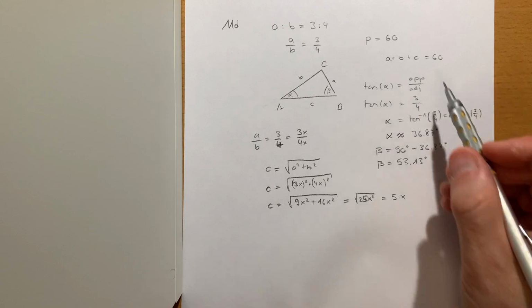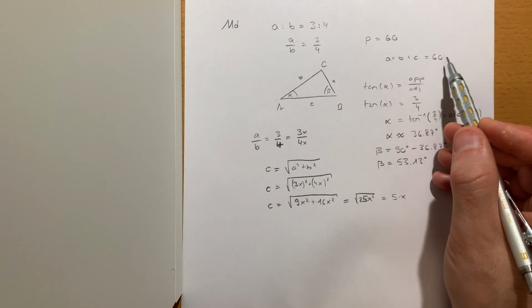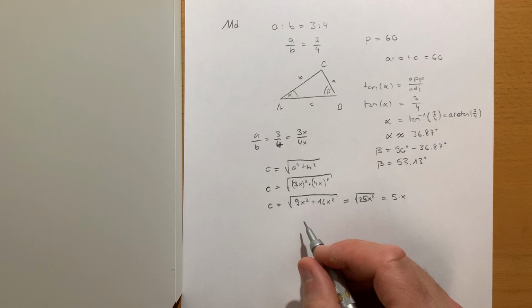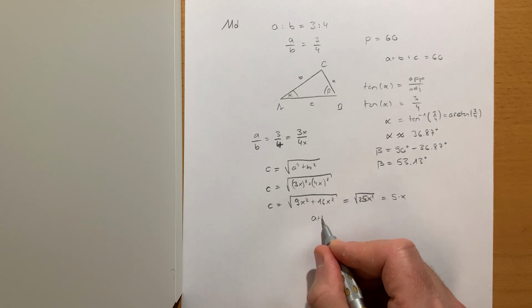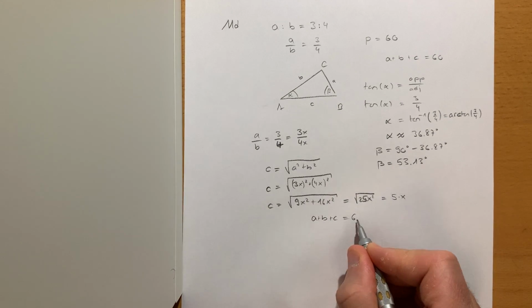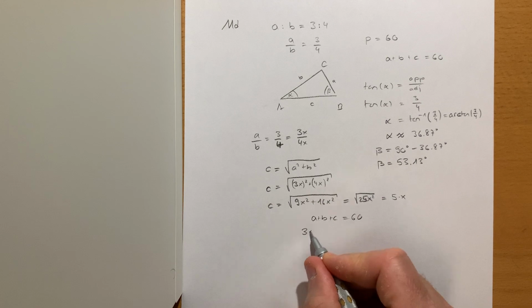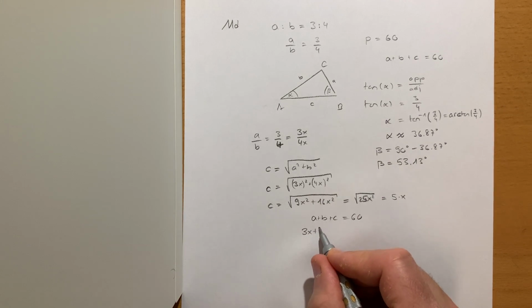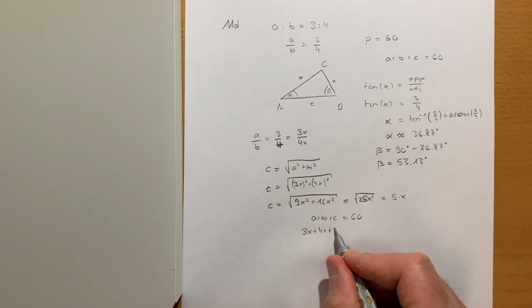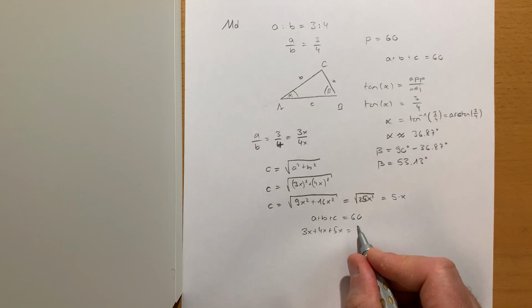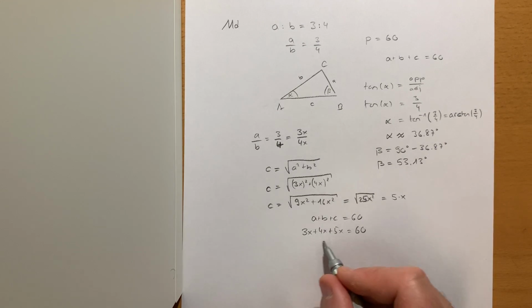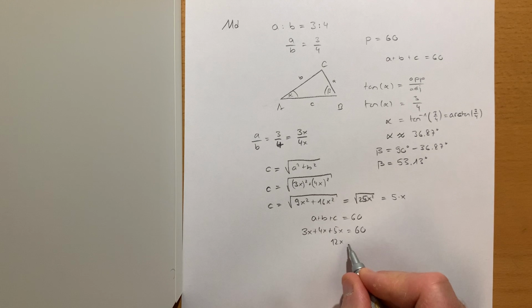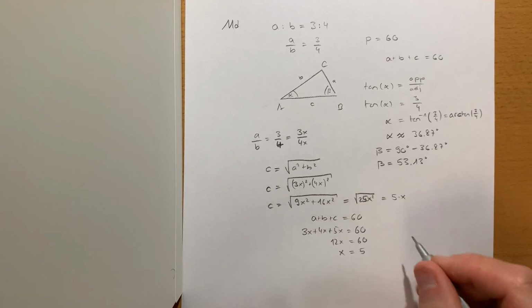And now look, with this piece of information, we can lock in our x, because look, A plus B plus C is 60. So that means 3x plus 4x plus 5x must be 60. Well, that's just 12x, that's 60. So x must be 5.